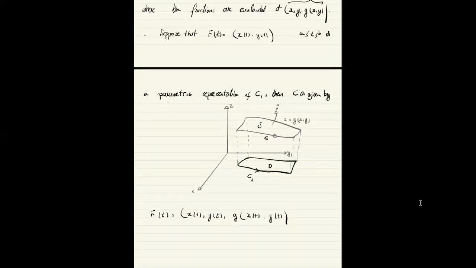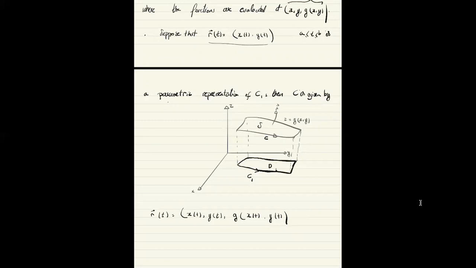So we're talking about this two-dimensional curve. When you project this surface on the xy plane, it's going to give you a two-dimensional curve. And if this curve is given by x(t), y(t), then what is C?